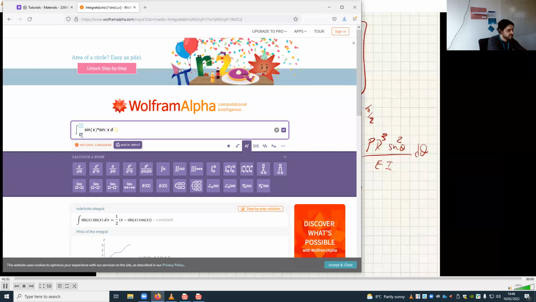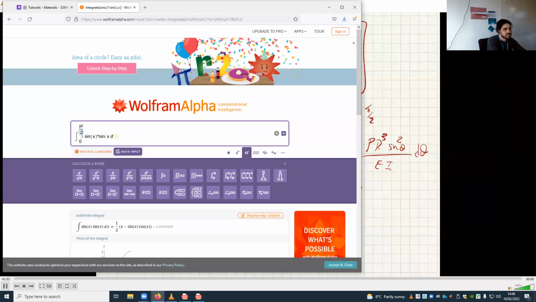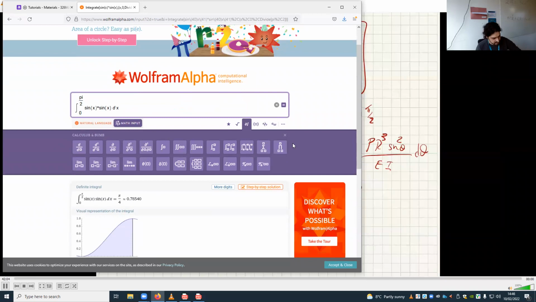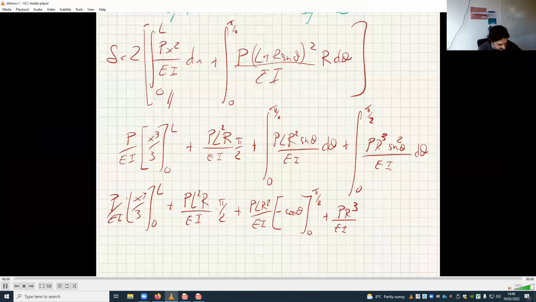Between 0 and pi divided by 2, sine x times sine x dx. So this gives pi divided by 4. So all this thing here becomes pi divided by 4.